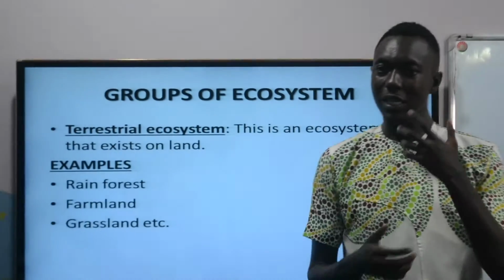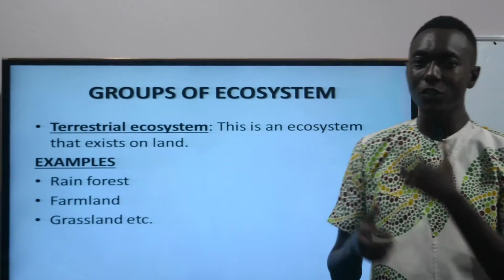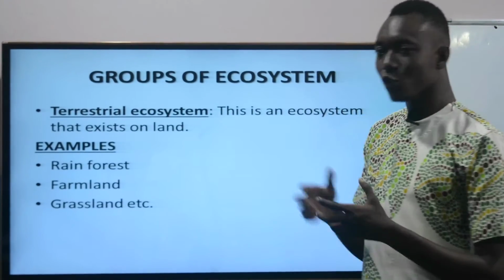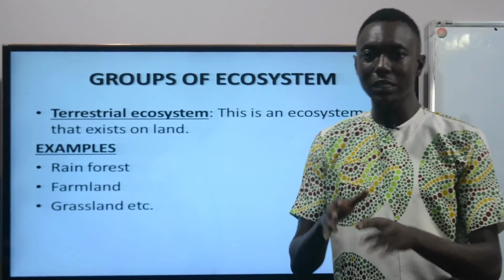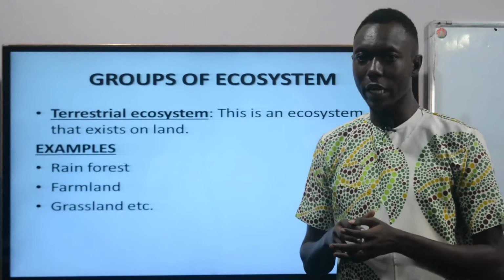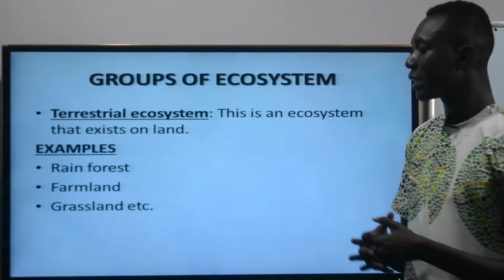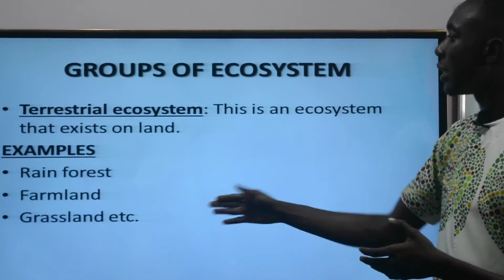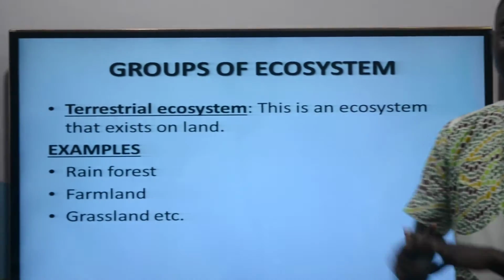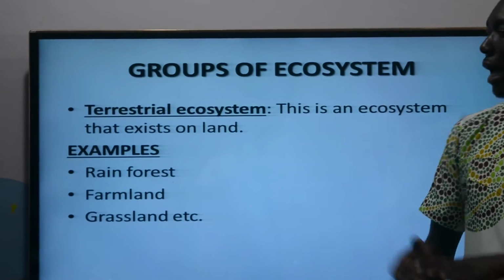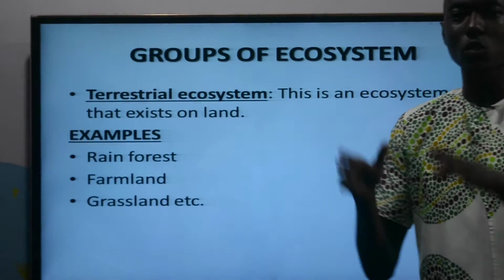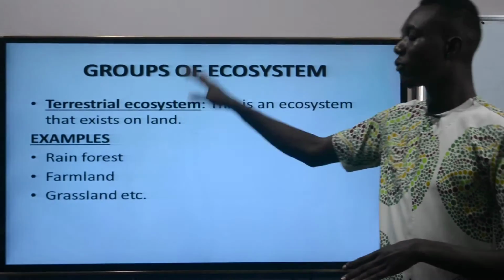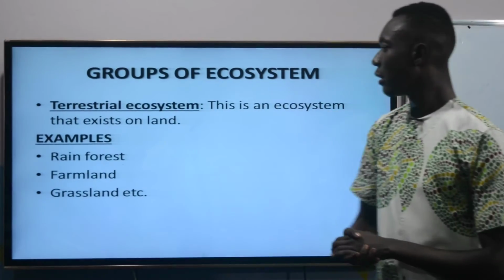In our previous lessons, we've talked about terrestrial animals, aquatic animals. Of course, terrestrial means something that is related to land. Now, how will we define terrestrial ecosystem? This is an ecosystem that exists on land. If you don't want to use exist, you can use that can be found on land.